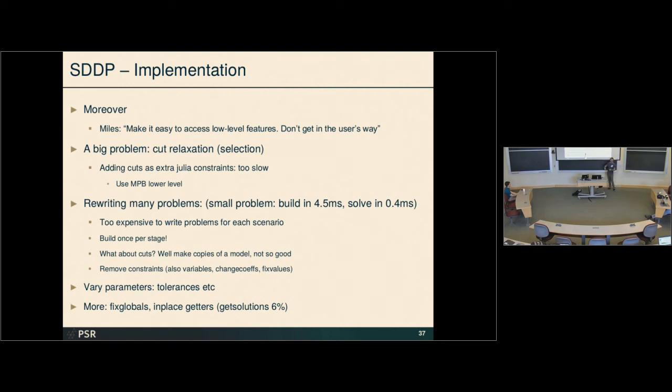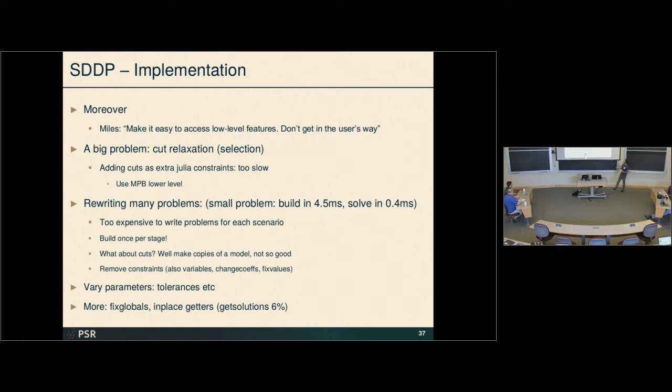You can change right-hand sides, add constraints, but once in a while you get to some problems where you have to do more stuff. Instead of building the problem once per stage, I had to make copies of the model because JuMP could not delete variables. Making copies of the model was faster than building the problems from the beginning.